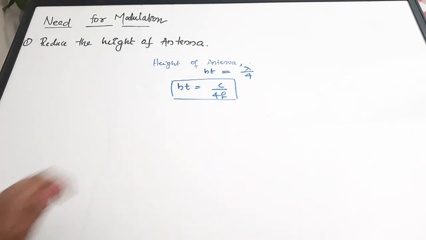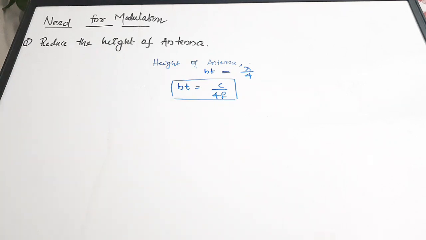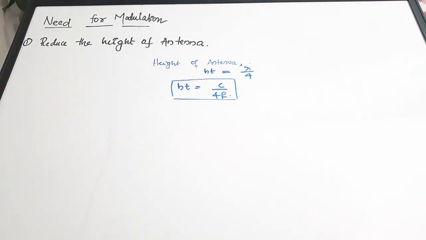Consider that we use a very low frequency. What will happen? The denominator is less, so the ht value will increase. As F is low, the height will be very high, and it is not practical to build an antenna with a very large height.